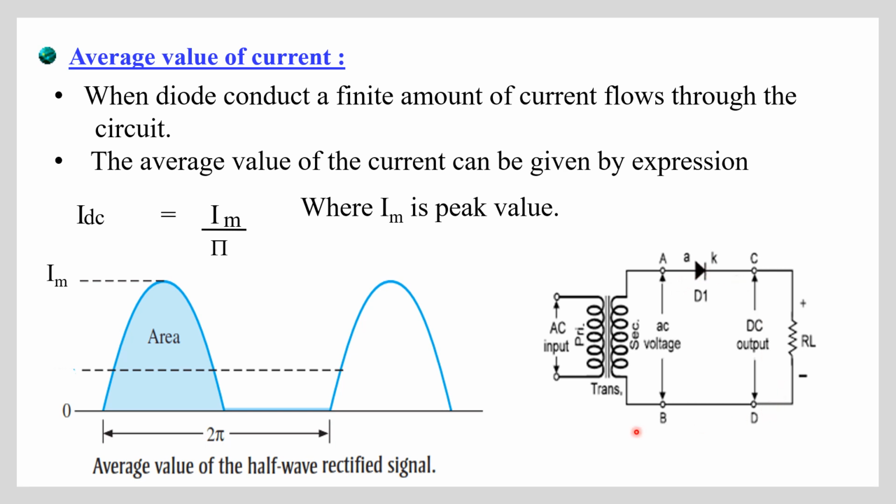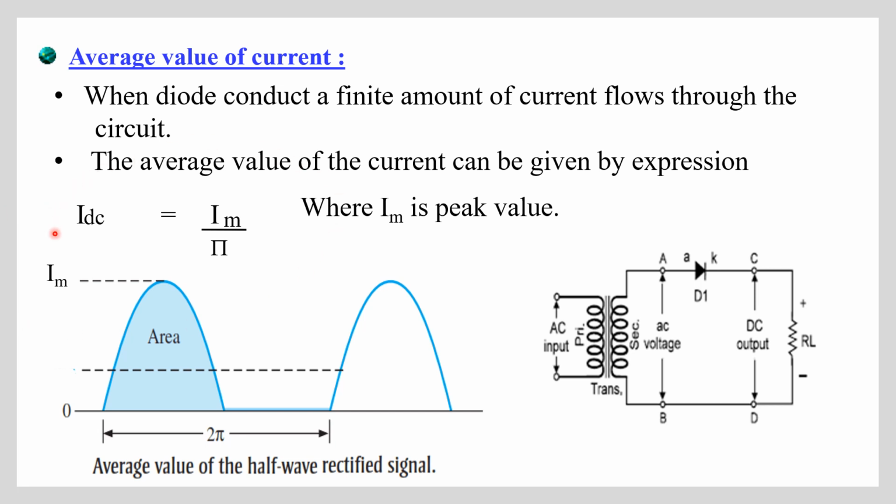If Im is the peak amplitude of the current, the average value of the current can be given by the expression IDC equals Im upon pi. If you see the output waveform of the current, it looks very similar to the voltage waveform. So when the diode conducts, the average value of the current is IDC equals Im by pi, where Im is the peak value. In this way we can find the average value of current.